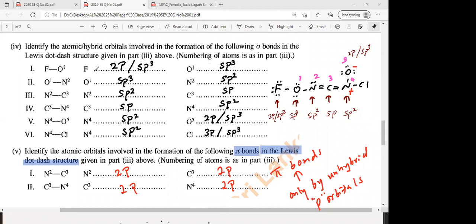Don't ever miss marks from this type of question. Very easy. Actually, now you are doing the 2023 A level, which means you are getting under this syllabus: 2019 first paper, 2020 second paper, 2021 third paper, 2022 fourth paper.